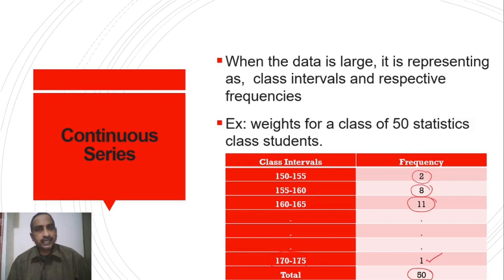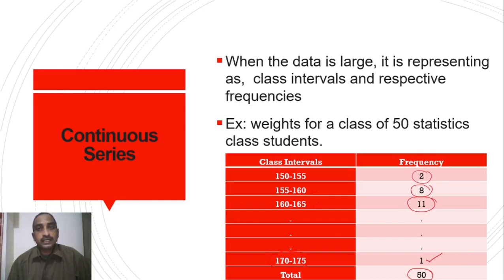Let me summarize what we learned from this video. What do we mean by data? What are the types of data? Univariate data, bivariate data, multivariate data, categorical or qualitative data, numerical or quantitative data.